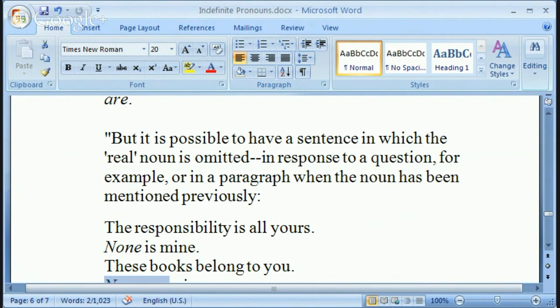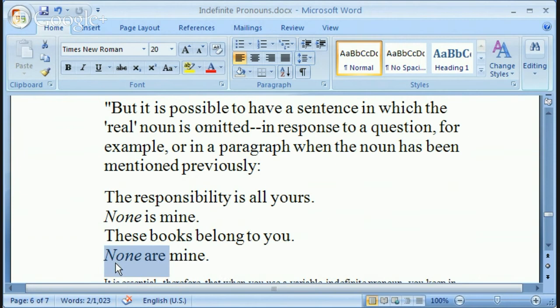It's not that no one means no one is mine, no? Oh, okay. I think these books belong to you. When I say none, nine are mine. What does it mean? No books belong to me. So no one means no one's books.